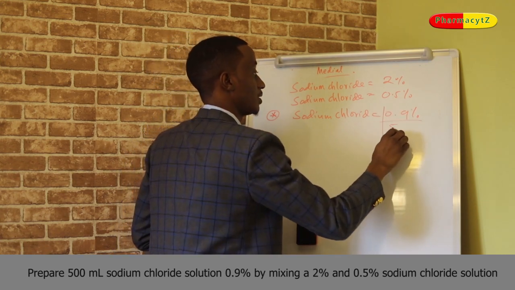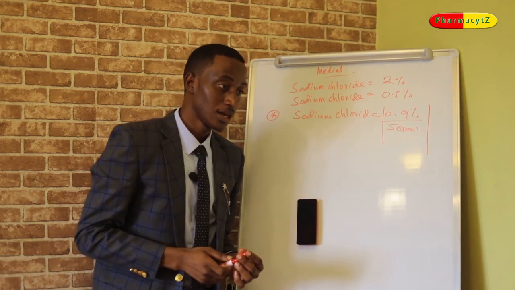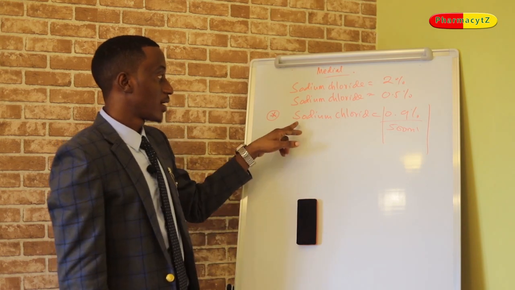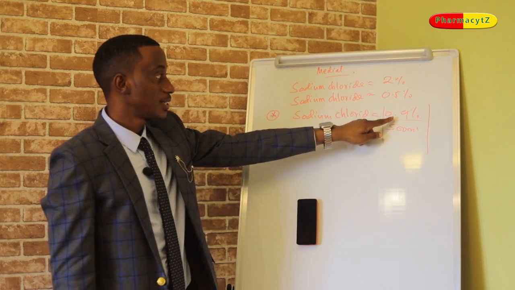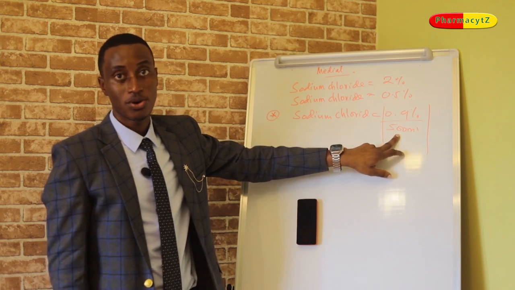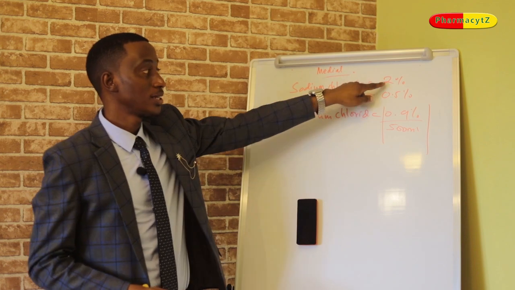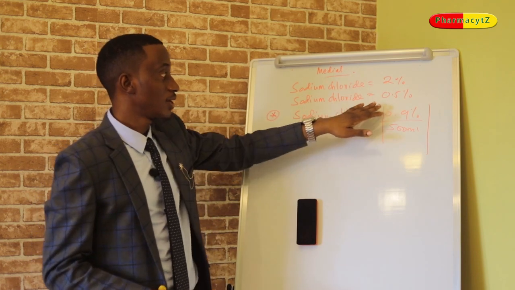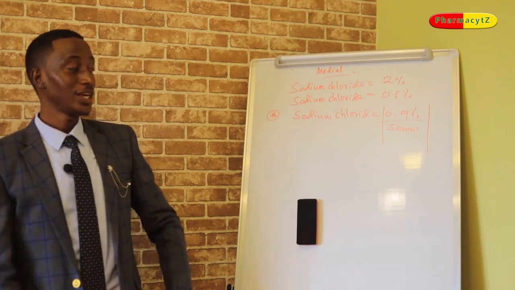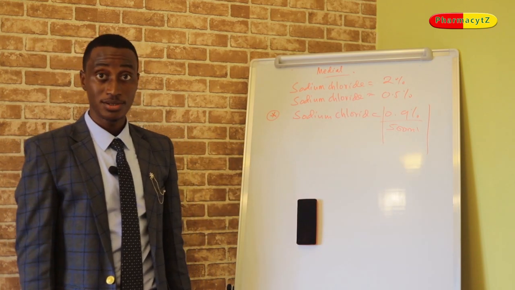In what quantity? 500 ml. So the trick is like this. We are required to prepare 0.9% with the quantity of 500 ml of sodium chloride, but in stock, on hand, we have sodium chloride 2% and we have sodium chloride 0.5%, meaning that we need to know the amount of each to be used in preparing the prescription.